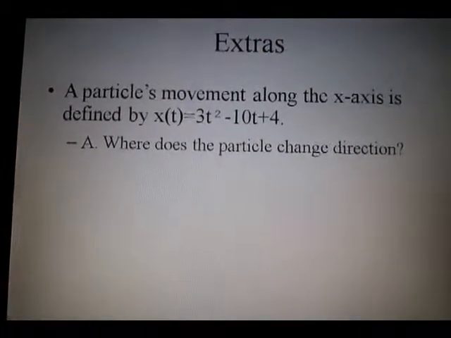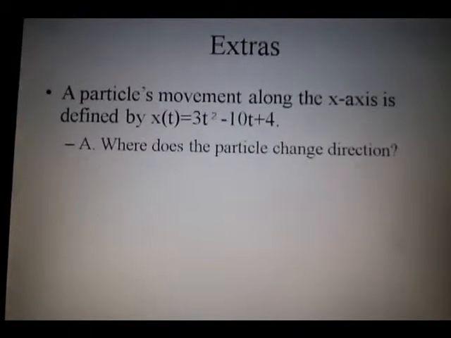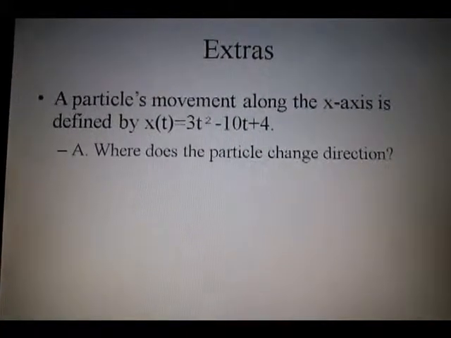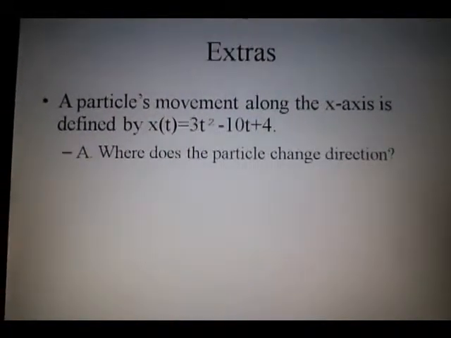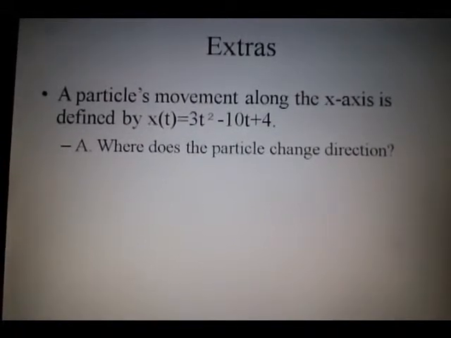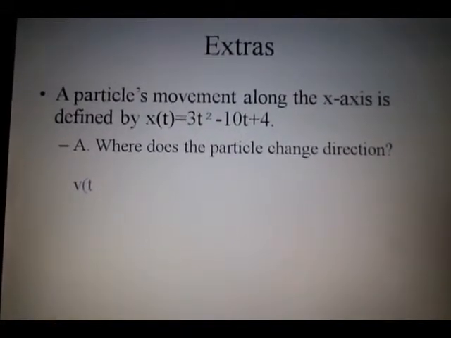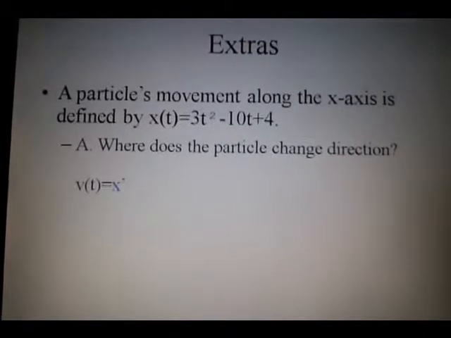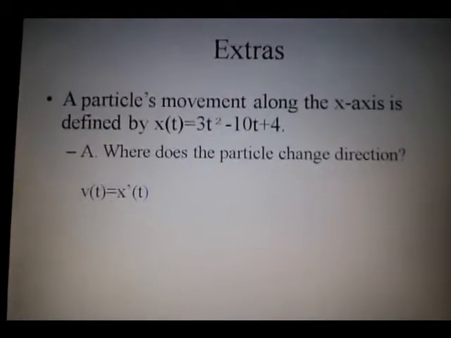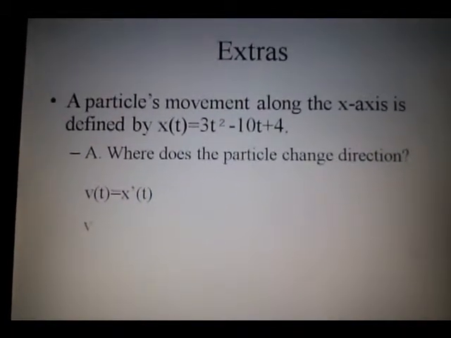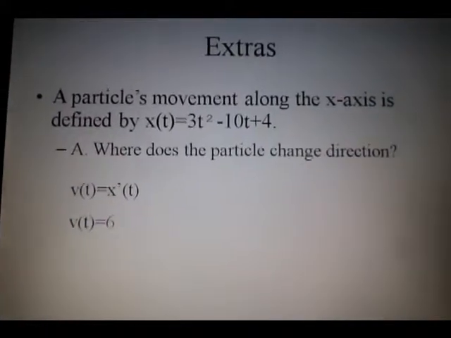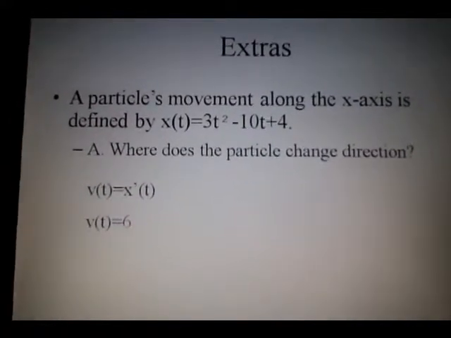To find where the particle changes direction, you need to find the velocity function. You can do this by deriving the function that represents the position of the particle. So in this case, once you derive the position, you get 6t minus 10. And this is the velocity.